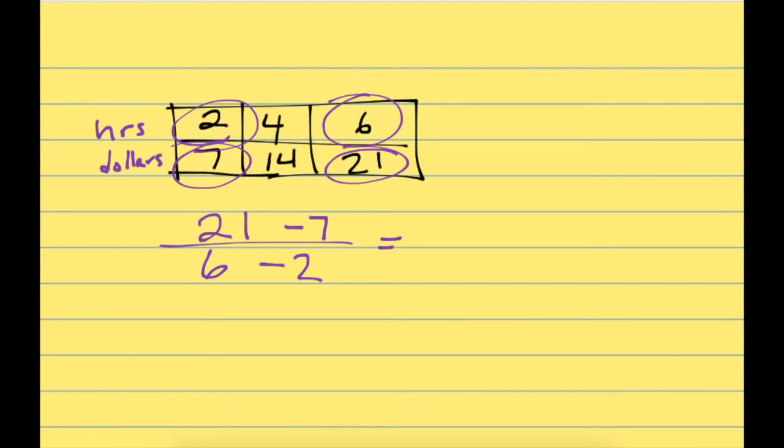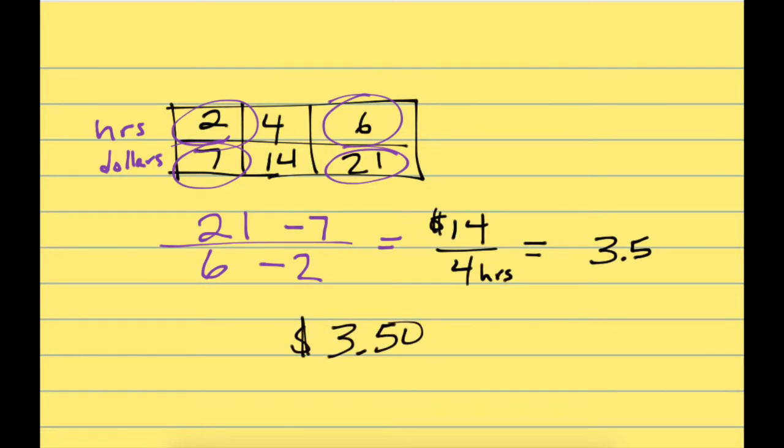So when we simplify, 21 minus 7 is 14, 6 minus 2 is 4. When we divide, we get 3.50. And since our output was in dollars and our input was in hours, then we have $3.50 per hour.